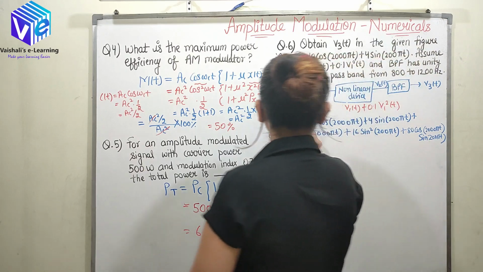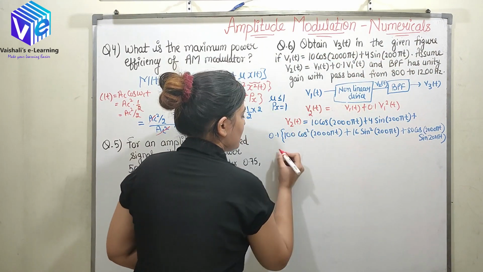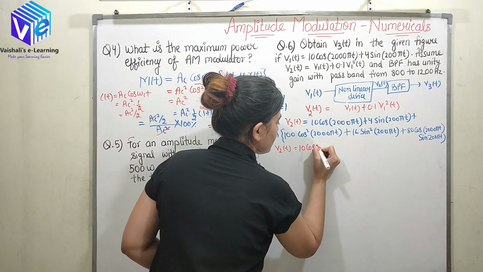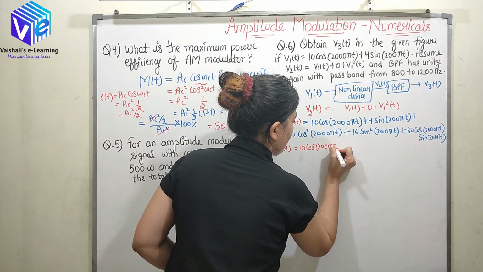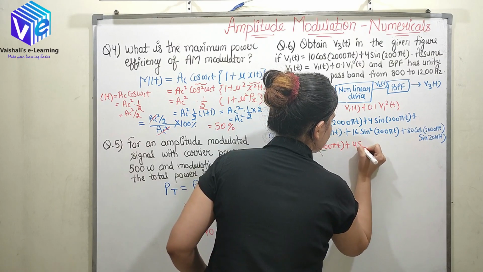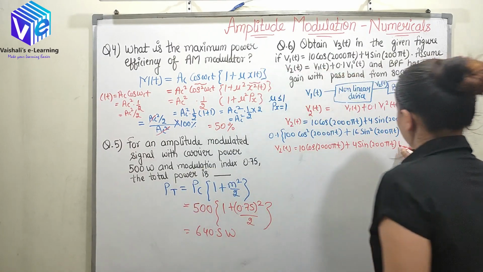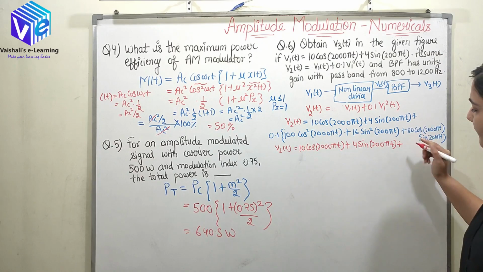So now I can simplify V2(t). V2(t) can be given as 10 cos 2000 pi t plus 4 sin 200 pi t plus, now I'll multiply with 0.1.